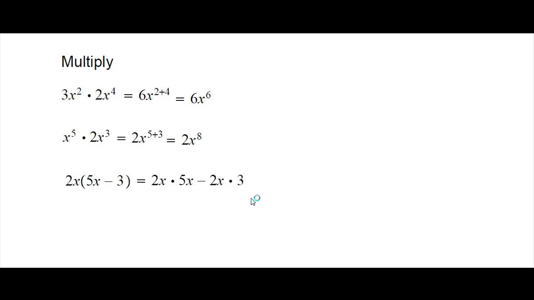Everybody fine? Then the next one is 2x times 5x is 10x squared, and then these multiply to simply negative 6x, right? Okay, everybody good?